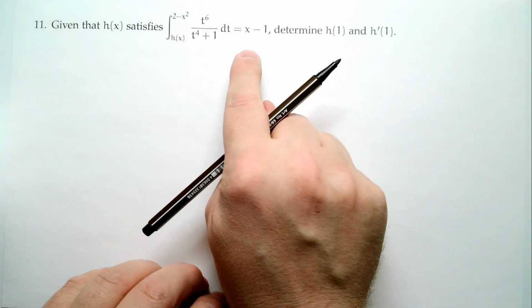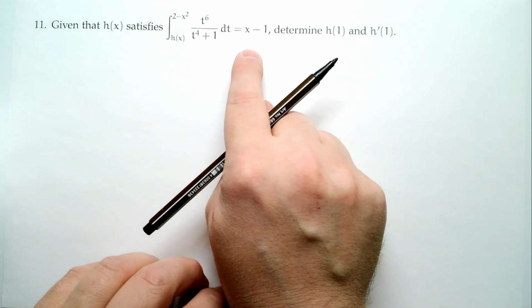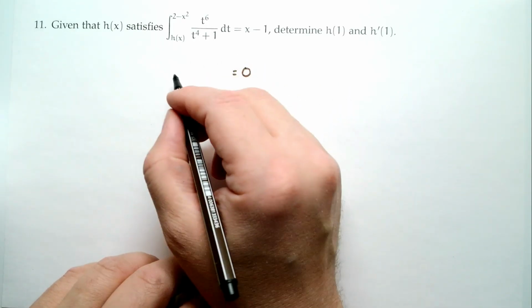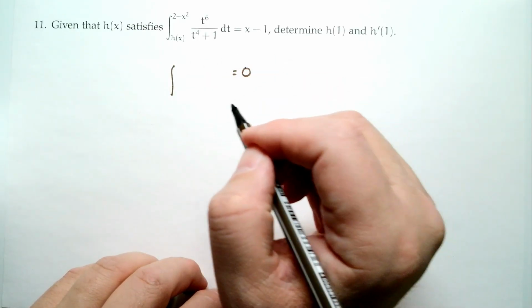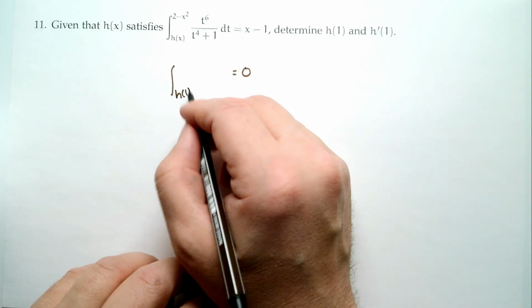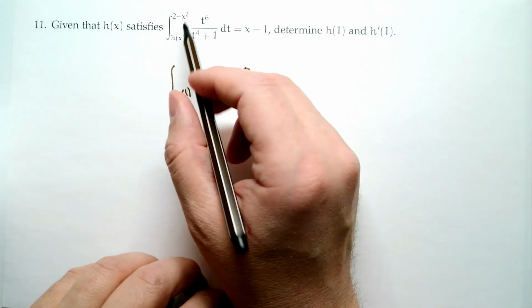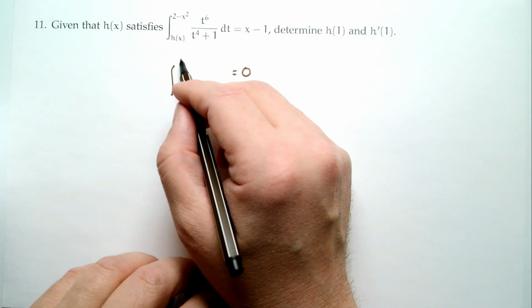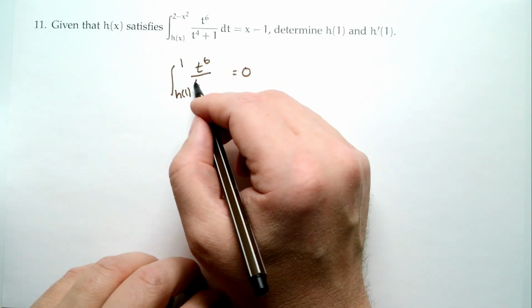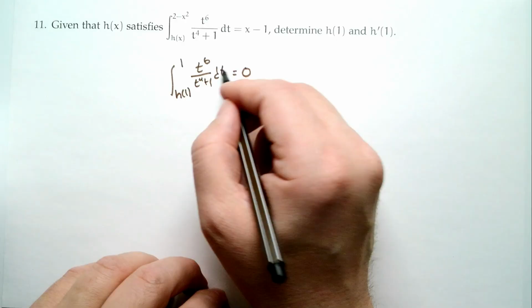When we plug 1 into there, what do we get? 0. 0 is nice. So 0 equals this integral, and I'm plugging in 1: from h of 1 up to 2 minus 1 squared, which is 1, of t to the 6 divided by t to the 4th plus 1 dt.